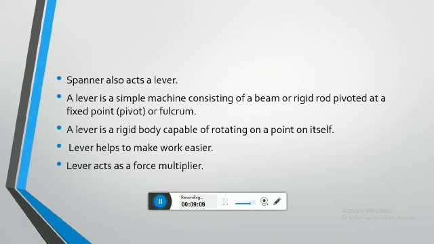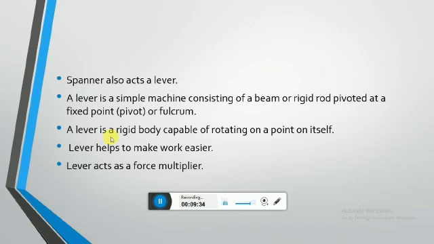A lever helps to make work easier, and a lever acts as a force multiplier. Why does it act as a force multiplier? Because by applying a small force we can lift a heavy weight.